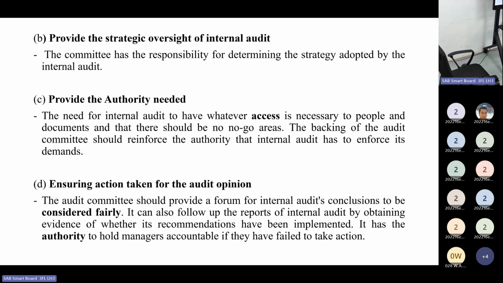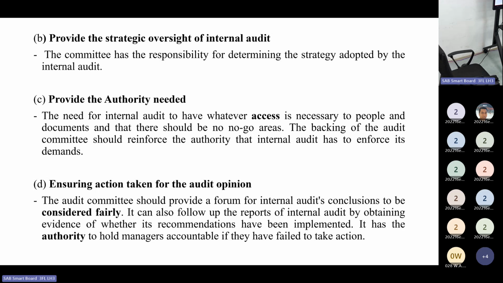The second reason why this reporting relationship is important is to provide the strategic oversight for internal audit. That means the committee has the responsibility for determining the strategy adopted by the internal audit. So when they are doing the internal audit, they need to have a strategy, a plan for how they are going to conduct their reviews.